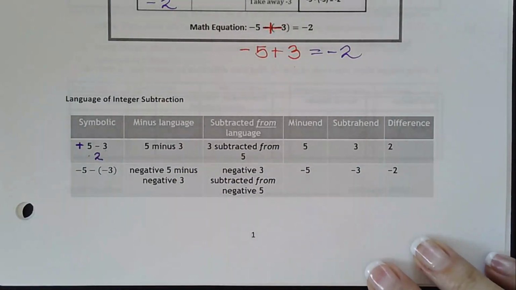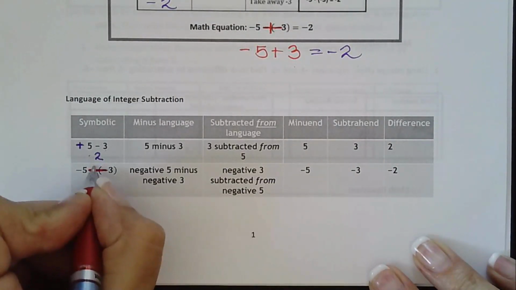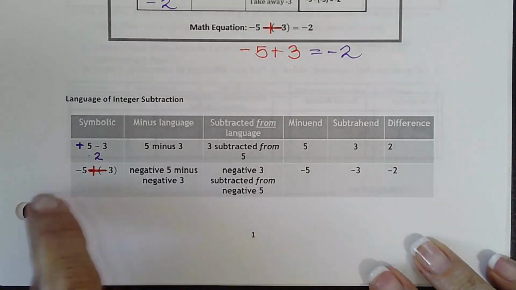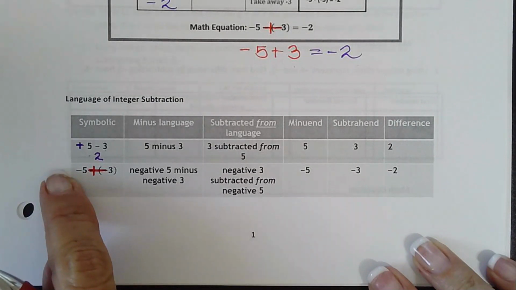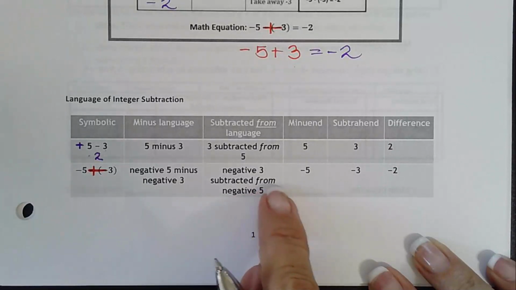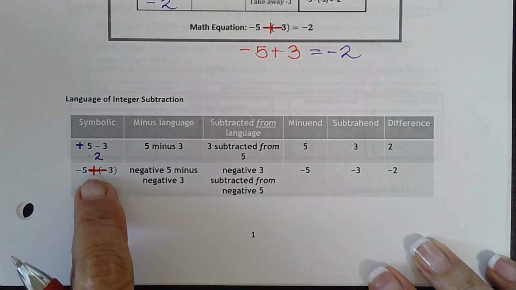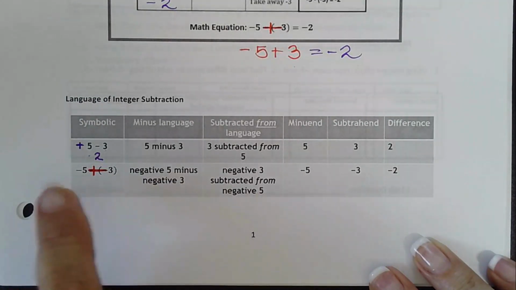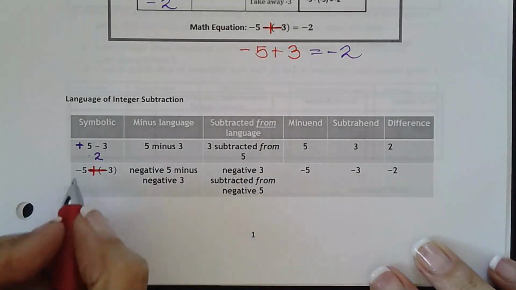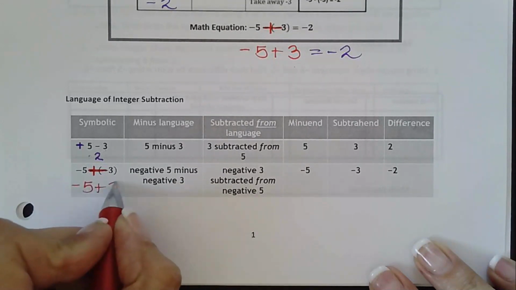And then on this one, like we did on the second example, we immediately changed that to a plus. But I guess I should have went over the words first. This would be -5 minus -3, or -3 subtracted from -5. -5 is the minuend, -3 was the subtrahend, and to get the answer, this is really -5 plus 3.